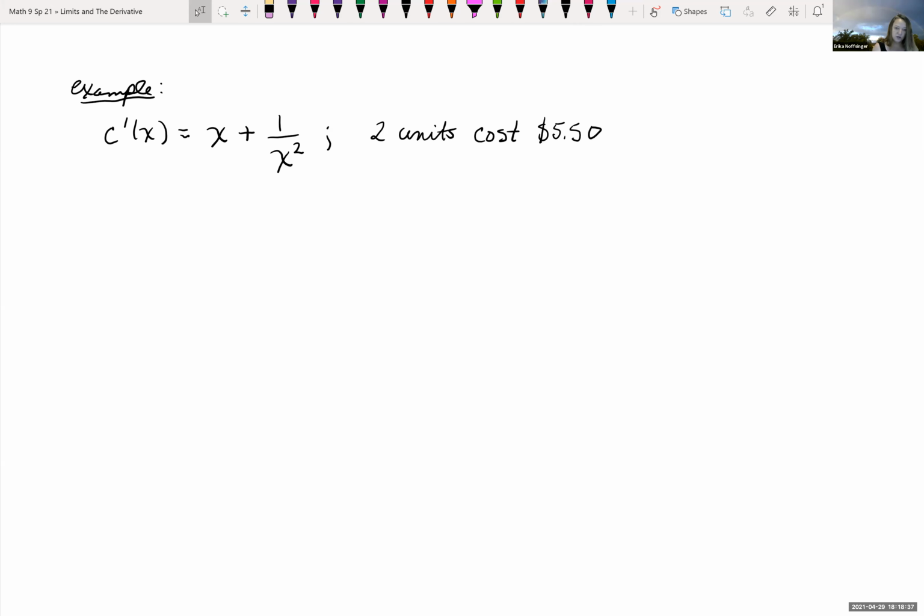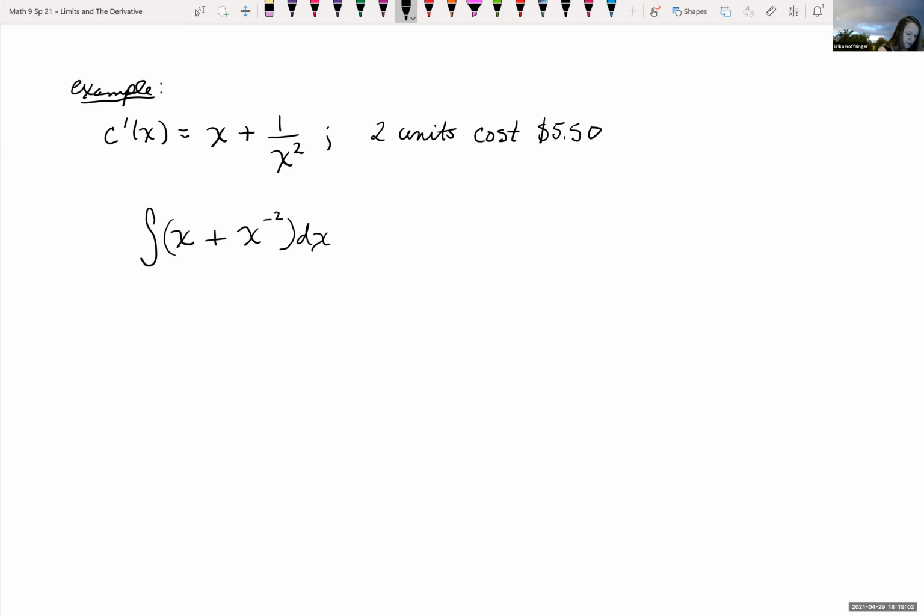Since we're given the derivative, we can find the cost by taking the antiderivative, or the integral. So we're going to look at the integral of x plus, instead of writing it as 1 over x squared, let's rewrite it as x to the negative 2 power, dx.